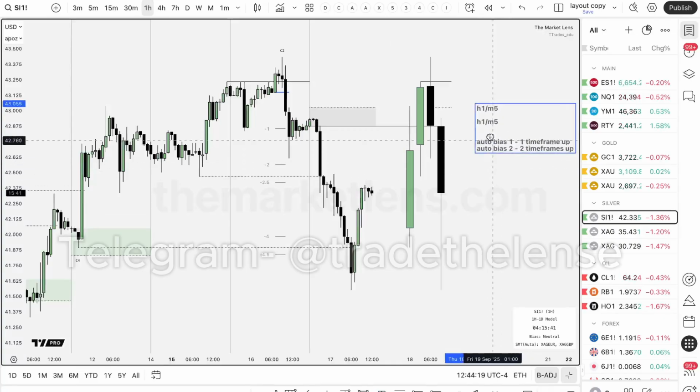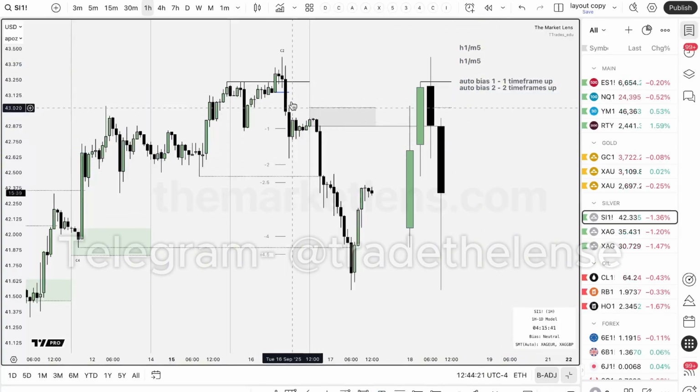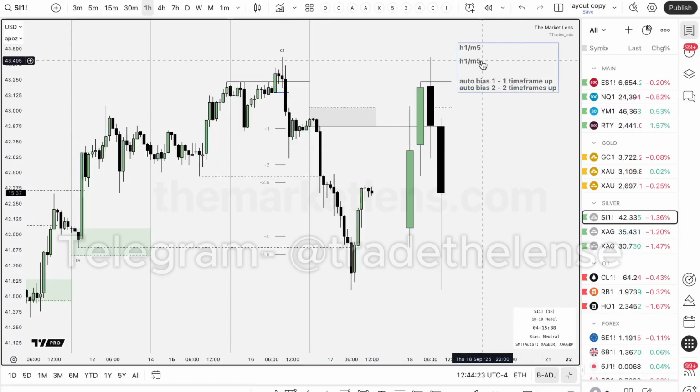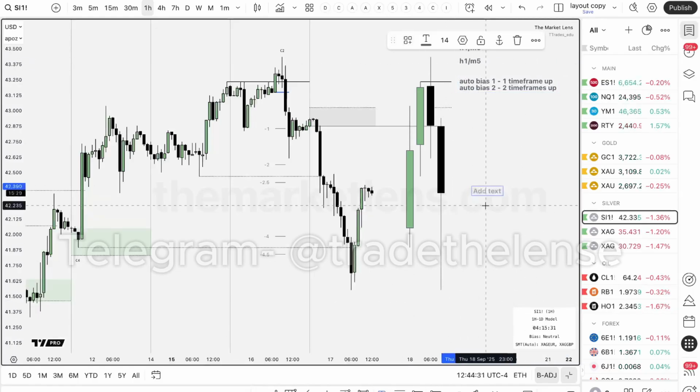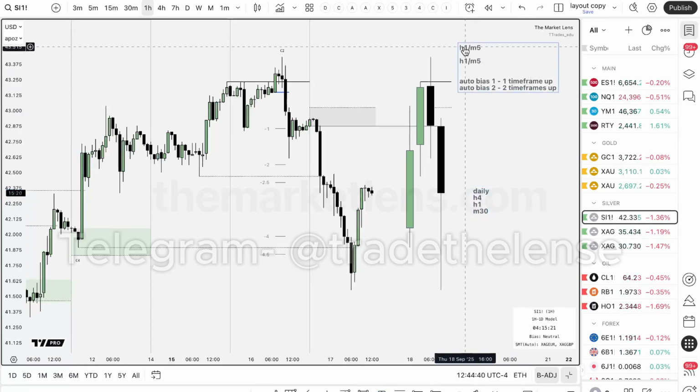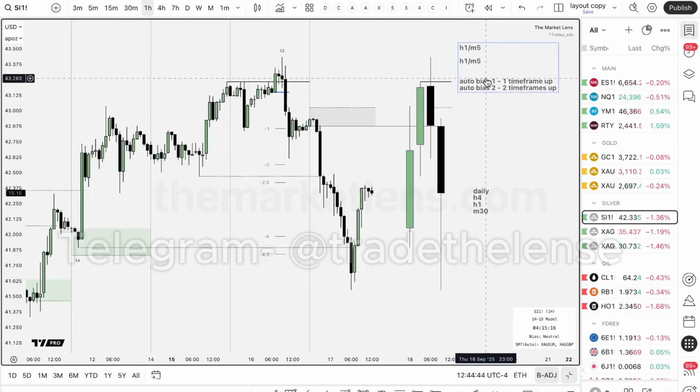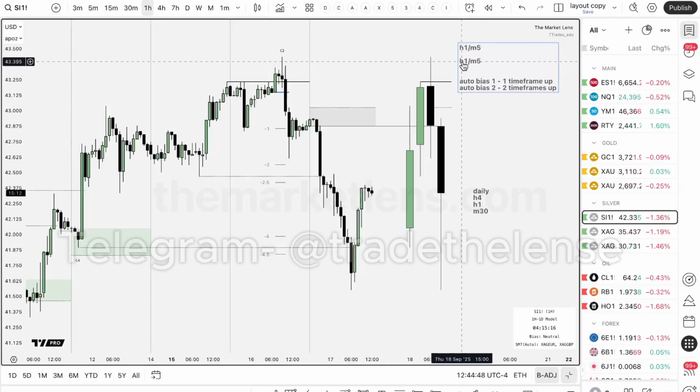So if I have the 5-minute and I'm on auto bias 2, it's going to look up what? 4-hour, daily, because the time frames look like this: daily, H4, H1, M30. It says, let's look up 2 time frames from the H1, so 1, 2. For auto bias 1, it's going to be 1 time frame, so it would say, what's 1 time frame above the H1?